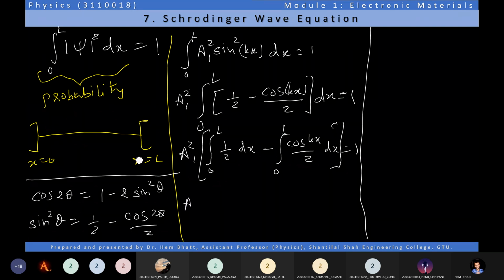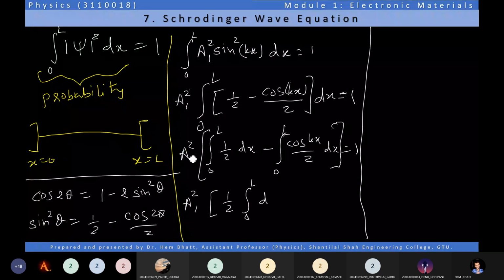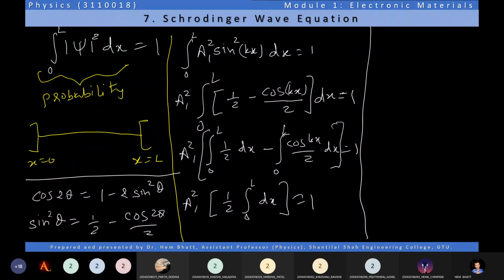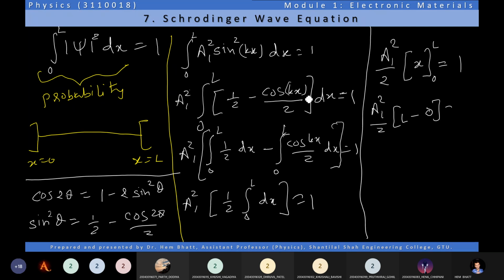So I am left with a1 square, 1 by 2 integration 0 to L dx, and that should be 1. Integration dx શું થાય? x. બરાબર, લિમિટ સબસ્ટિટ્યુટ કરો. So it is L minus 0.